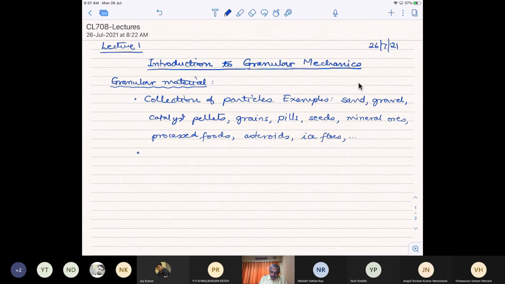Now, in the first part of the course, we are going to look at cases where, even though you say, okay, here you have sand, it's actually sand plus air. But the viscosity of air is low enough that you can actually ignore the presence of the air, and so forth.